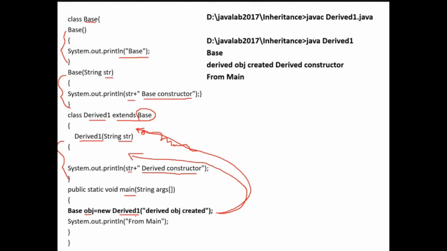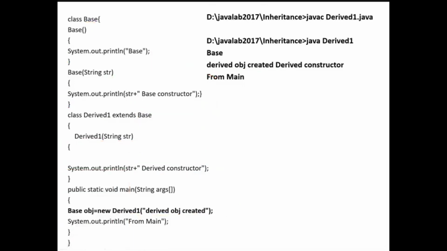One is the no-argument constructor. Even from here, it will always call the base class no-argument constructor first. So control will come to the base constructor and it will print "base". After that, for this str I have passed "derived object created". So it will print "derived object created, derived constructor", and then it will print "from main". Understood?